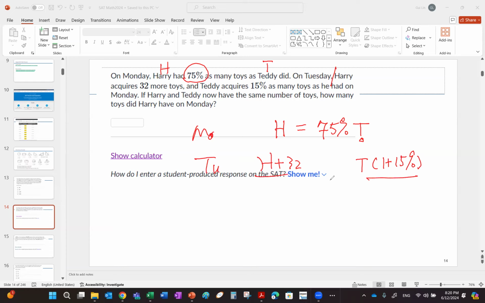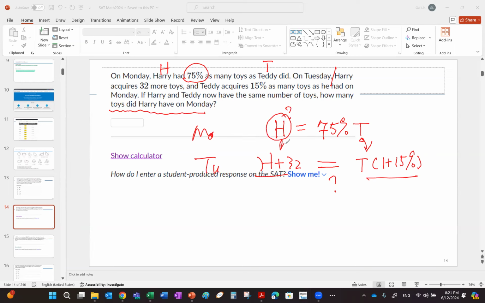So we don't know their relationship yet. And if Harry and Teddy now have the same number of toys on Tuesday, how many toys did Harry have on Monday? That's what is asked here.